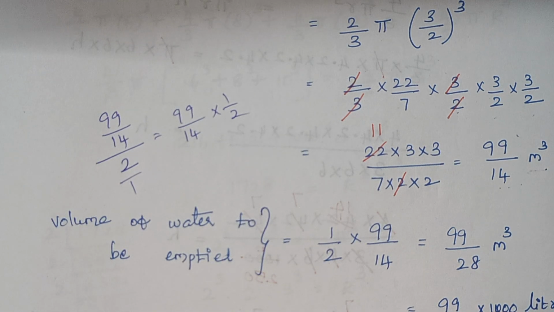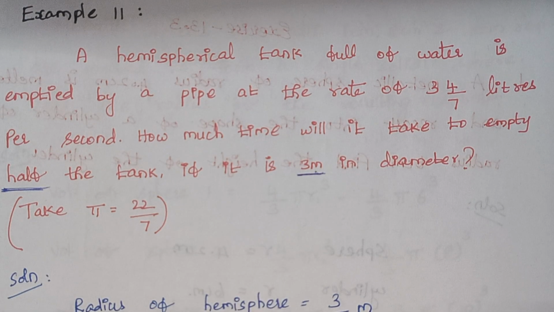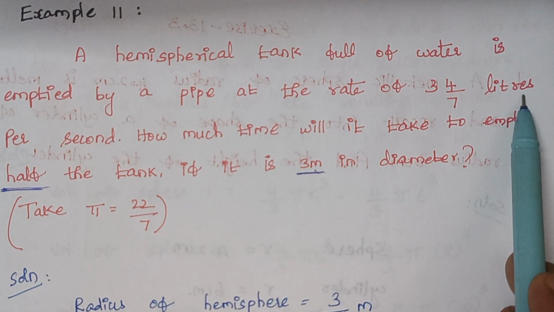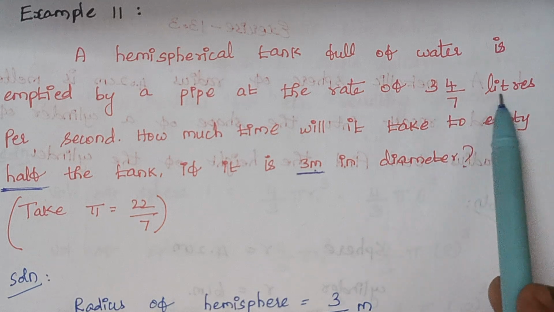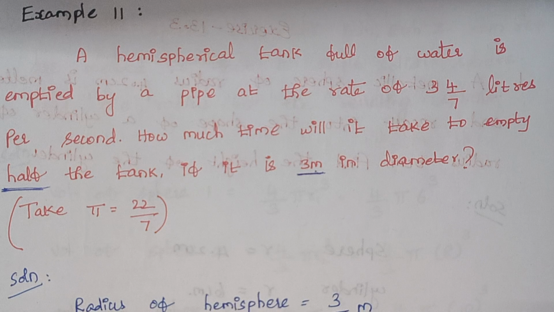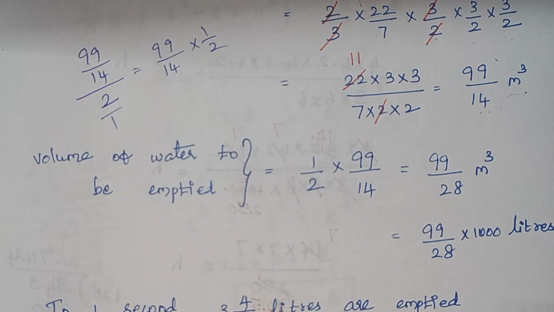Now again, when you look back at the problem, the quantity is expressed in liters: 3 4/7 liters per second. So we have to convert that volume into liters.